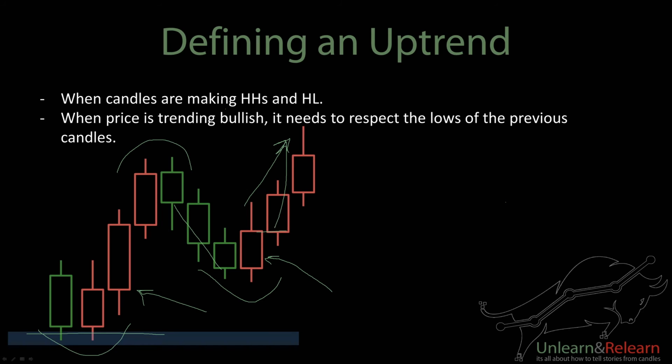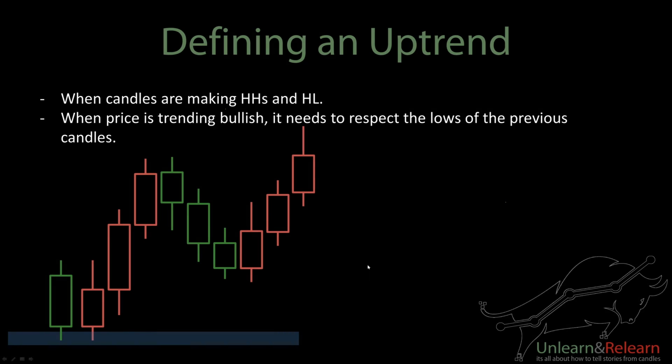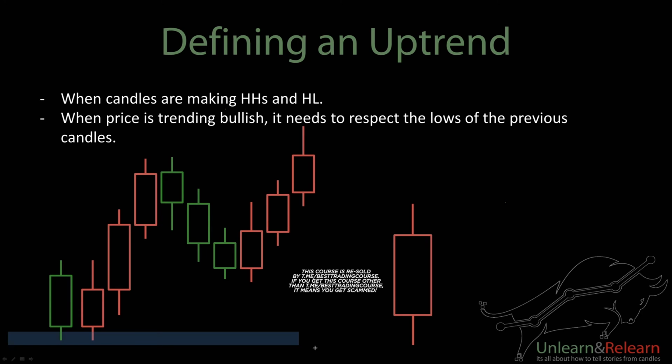Perfect. Now, what will this look like on the higher time frame? Let's say on the 4-hour time frame. Let's take a look at that right here. This is what the first 4-hour candle is going to look like. If we're just looking at this one candle, this was the low of the 4-hour candle, and this is where the 4-hour candle started.